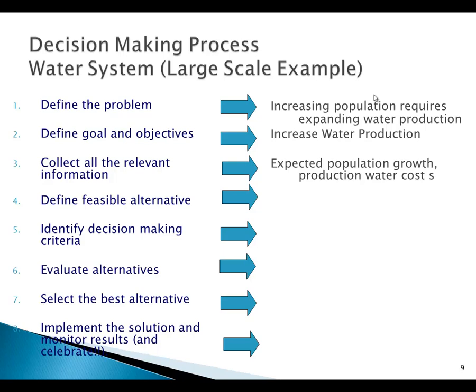The information is that the population growth will increase, and we need to satisfy the growth. The alternatives will be either a new well field, or expanding existing, or building a new plant.